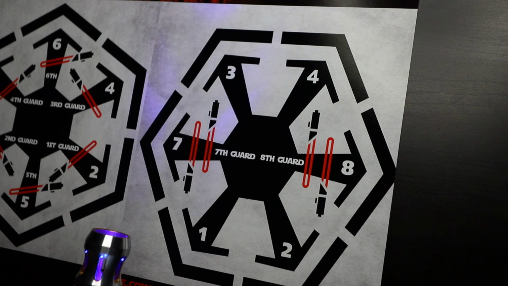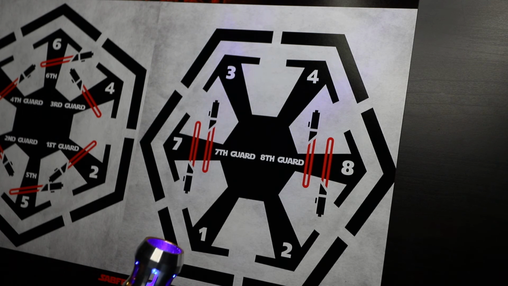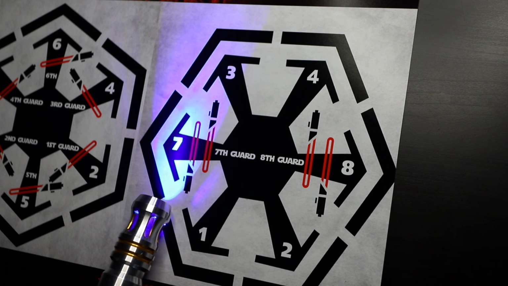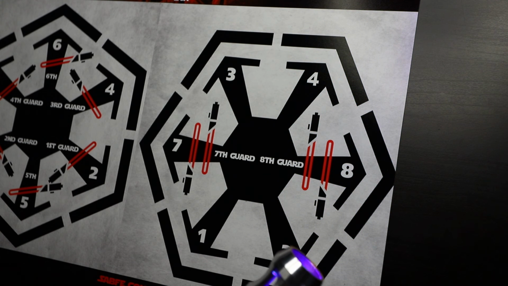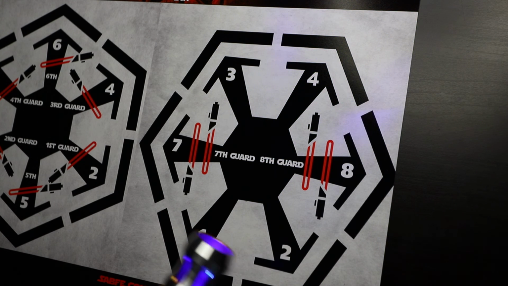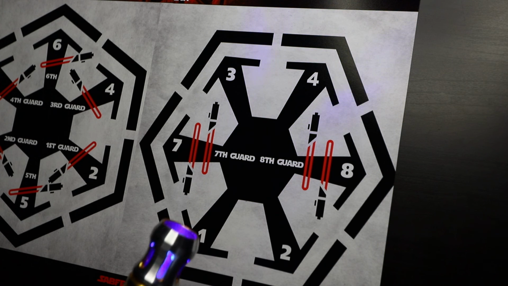So left or right ribs are targets for these 2 strikes, strikes number 7 and 8, right? So strike number 7 is a horizontal cut of your lightsaber, at the Jedi's left side of the belly, right? Ribs.